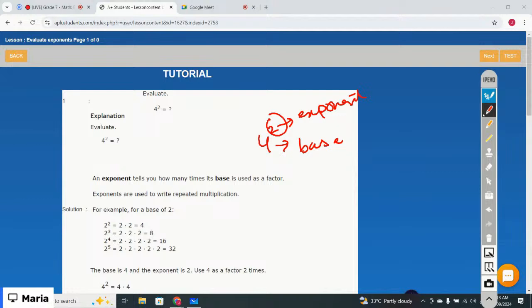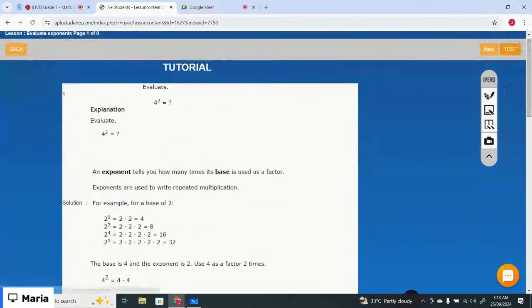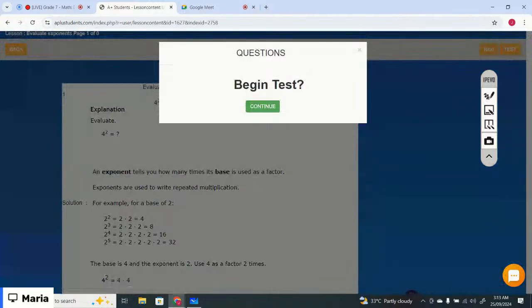So that means you're going to use the base 2 times, 4 times 4, right? So just multiply 4 times 4 is 16. So the correct option is 16. Got it? Let's just start with the test question.